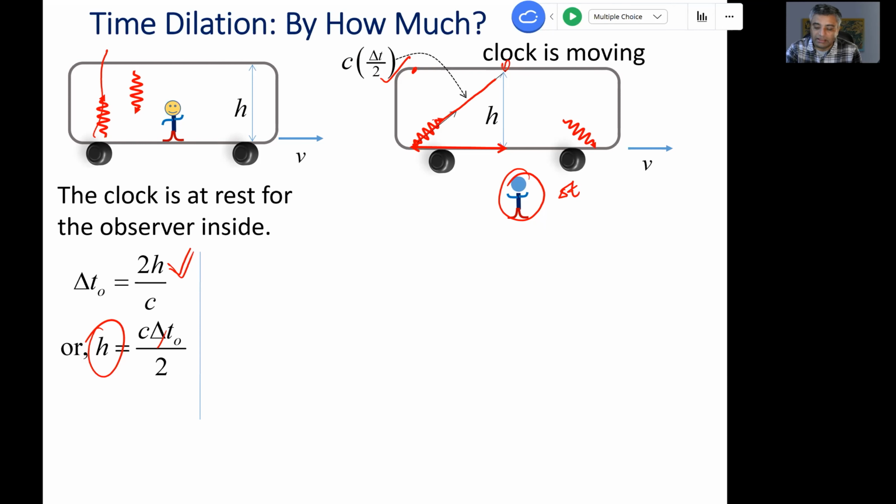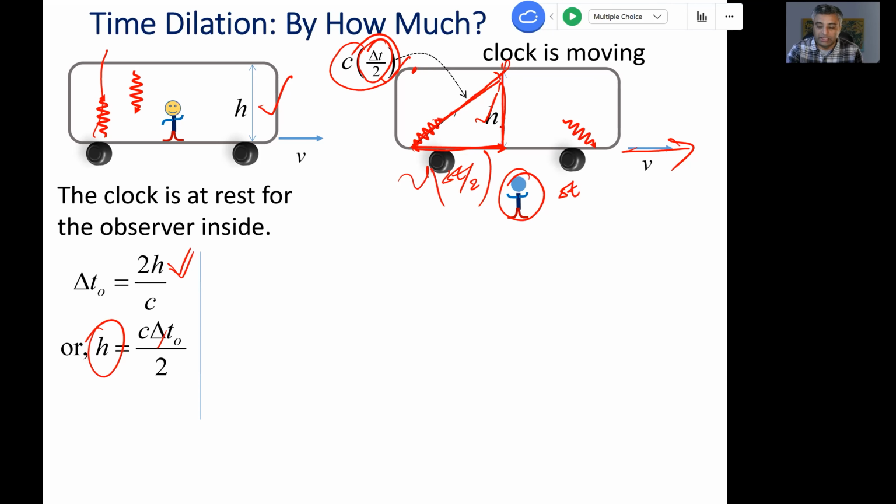So this length is this much, and this length is h, which is the same as this, right? Now this is moving with speed v, and it has moved through that much time, so this distance is going to be v times delta t over 2.